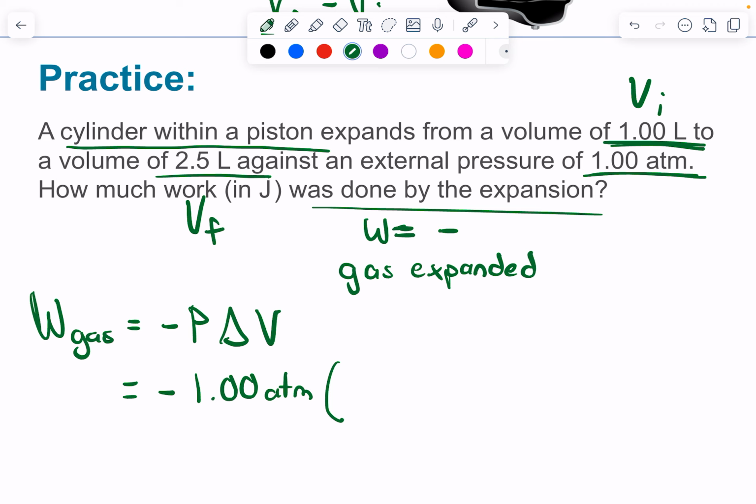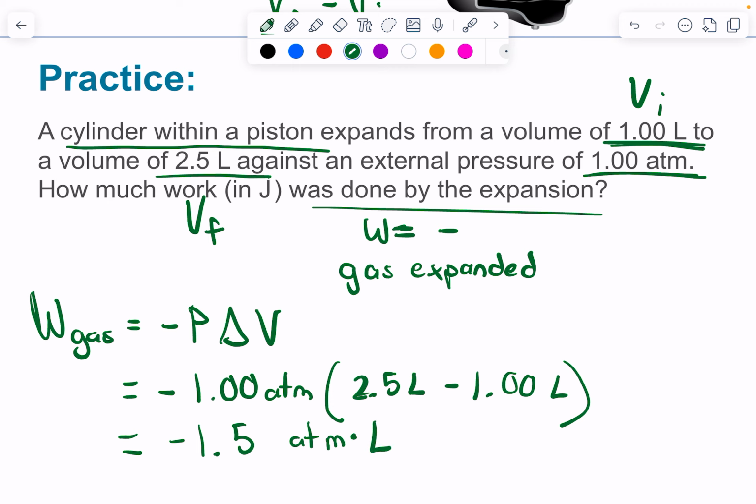So V final, 2.5 liters, minus V initial, 1 liter, and that's it. So 2.5 minus 1 is 1.5 times negative 1. So negative 1.5 atmosphere liters.